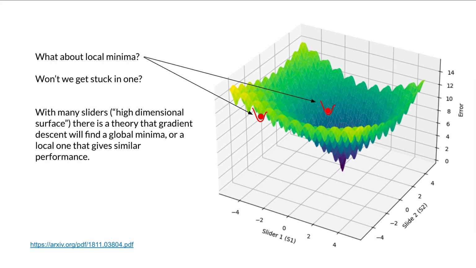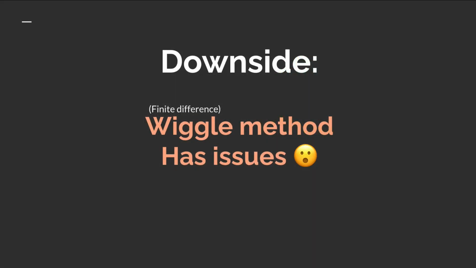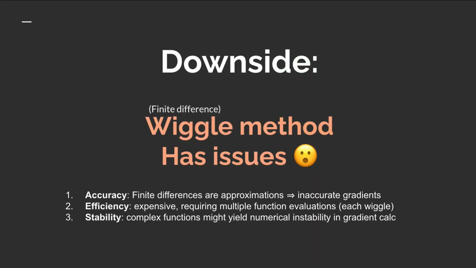So this wiggle method, this finite difference method, has issues. Number one is it's inaccurate. Finite differences are just approximations, and those approximations can accrue and drift off in terms of accuracy. So we could end up with inaccurate gradients.